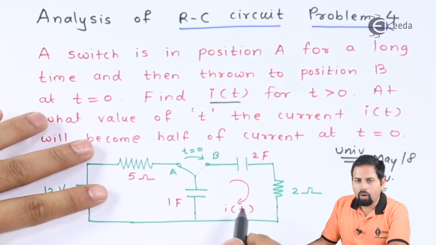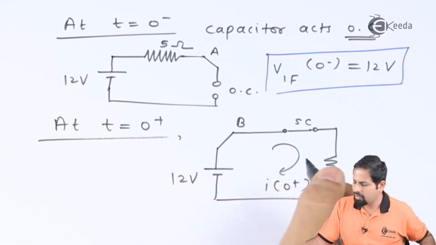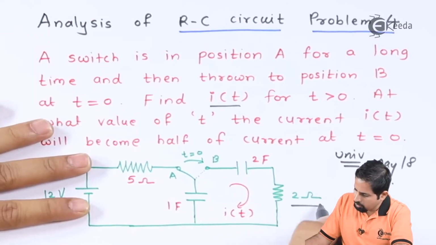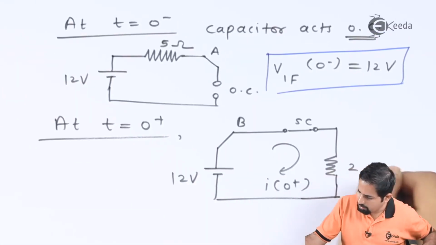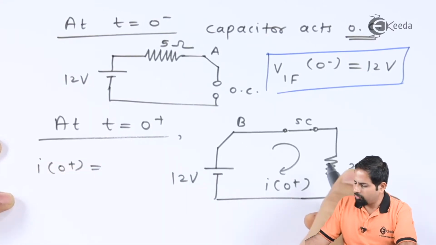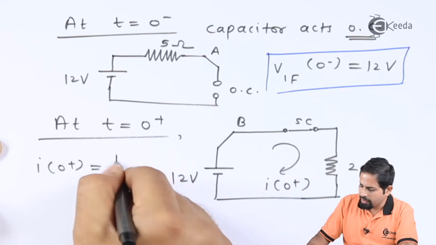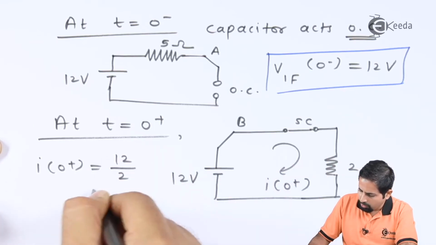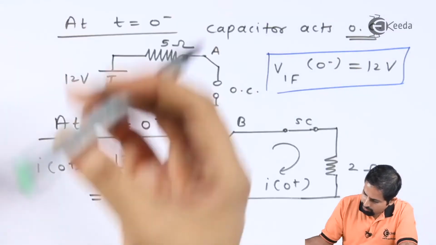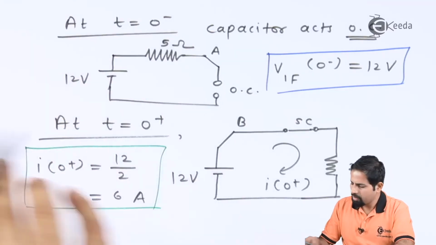The current will be called I of 0 plus. The value of this resistance is 2 ohms, and I can find I of 0 plus. It will be voltage upon resistance, because nothing else is there. So it will be 12 divided by 2, equal to 6 amperes. So we have found I of 0 plus, that means current at the initial stage.